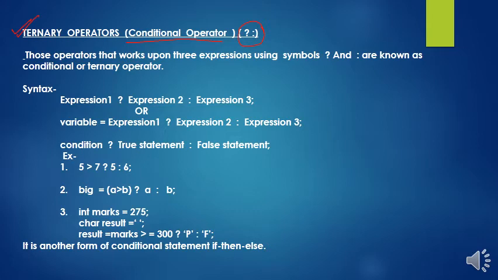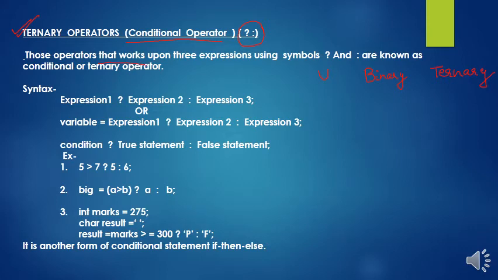An operator that takes one operand is known as a unary operator. An operator that takes two operands is known as a binary operator. And an operator that takes three operands is known as a ternary operator. So the ternary operator, question mark and colon, is known as a ternary operator in Java.